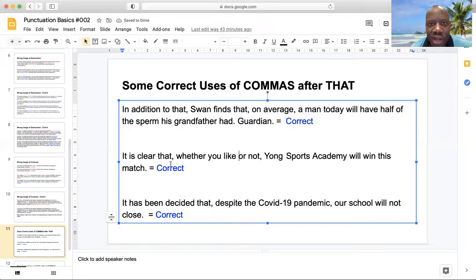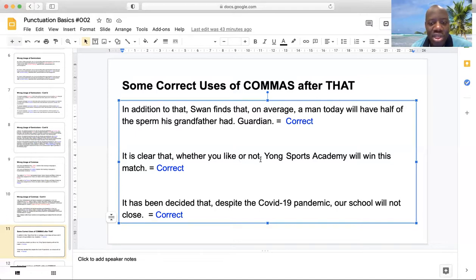But we want to add some information in the middle, which is not obligatory, about whether you like it or not. The fact is that Young Sports Academy will win whether you like it or you don't like it. So we can even put "whether you like it or not" at the end here. We can still put a comma here and then put "whether you like it or not".